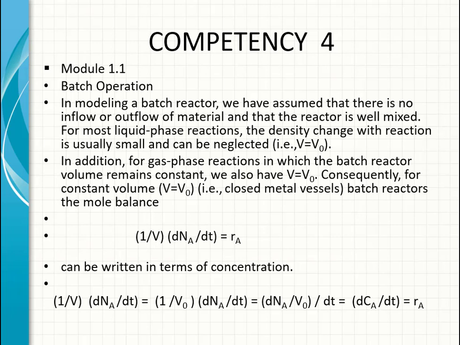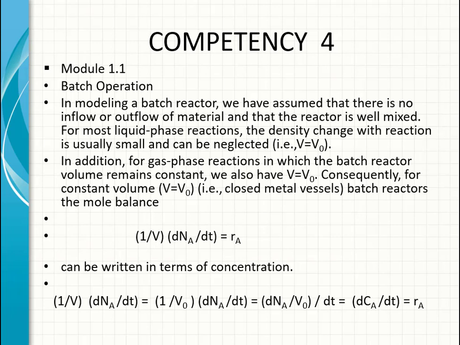Consequently, for constant volume batch reactors, the mole balance is 1 divided by V times dNA divided by dt equal to rA, an equation that we have seen in the first competency. We can write this as 1 divided by V0, because it's constant, times dNA divided by dt.